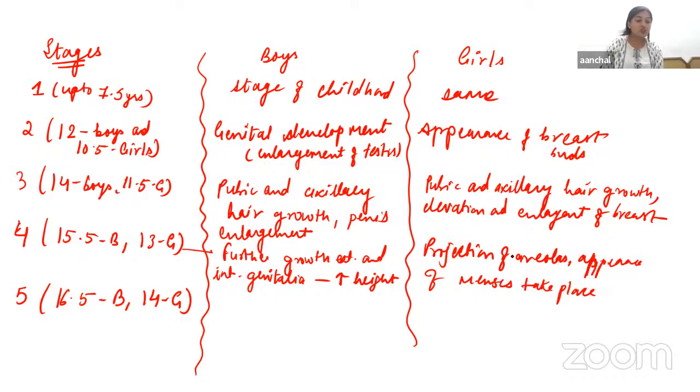Finally, in the last stage of puberty, the adult genitalia with secondary sexual characteristics developed. Okay, and what are those secondary sexual characteristics? Like broad shoulders, more muscular body, right?